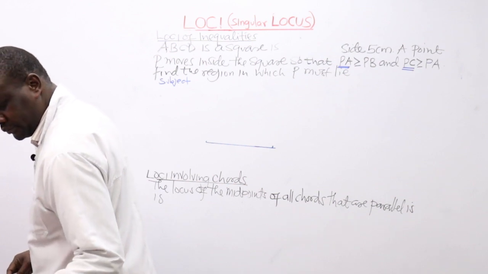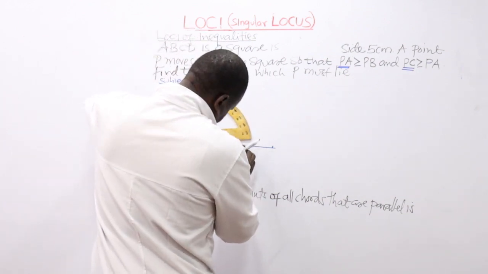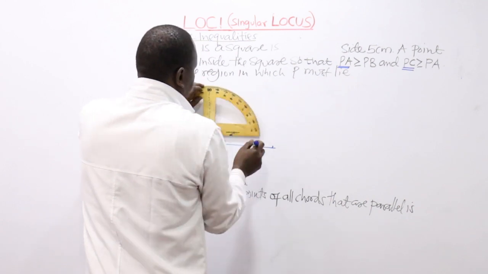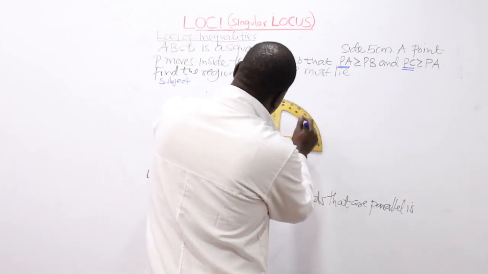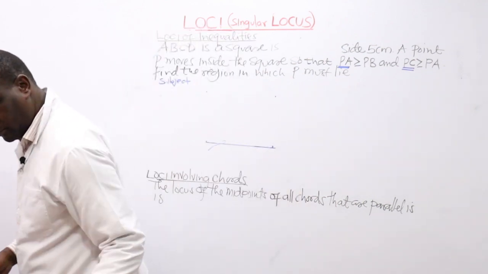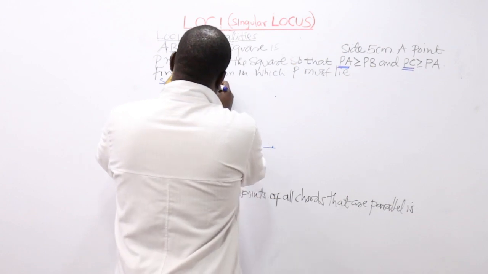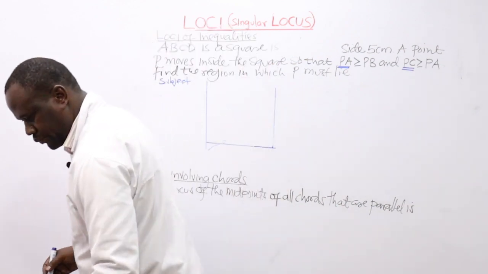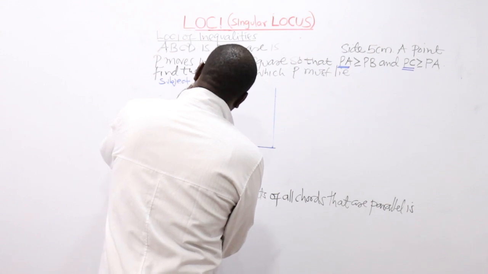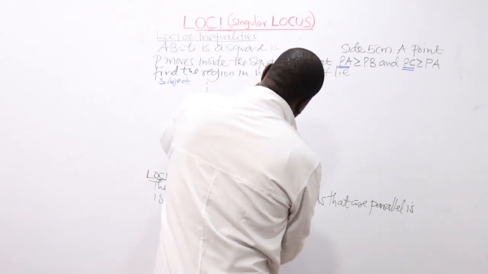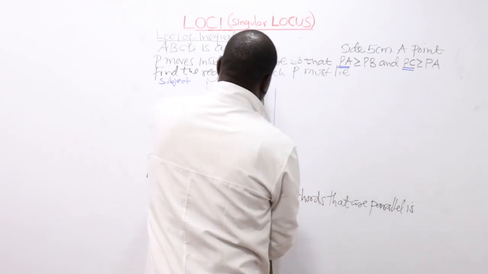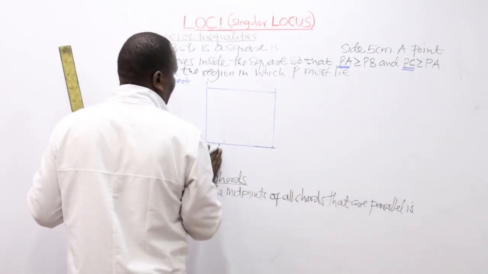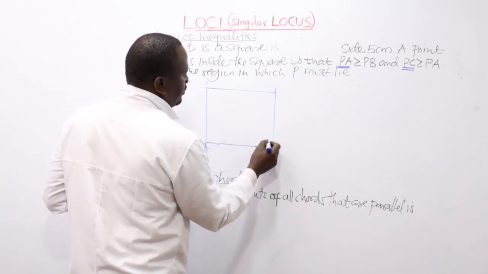You can use a protractor. It should be easy to construct a square A, B, C, D.